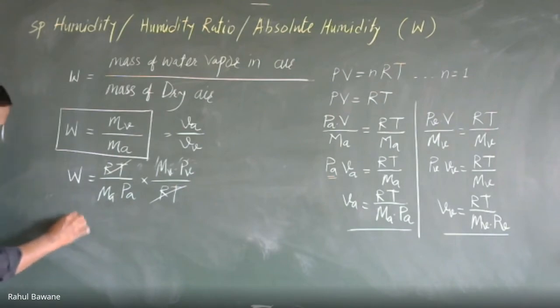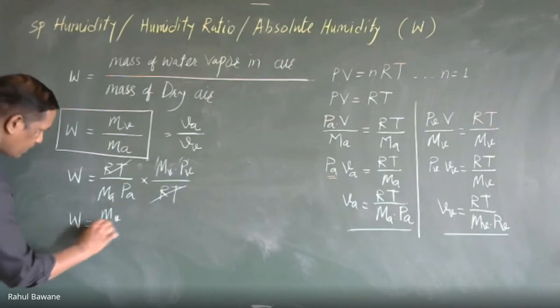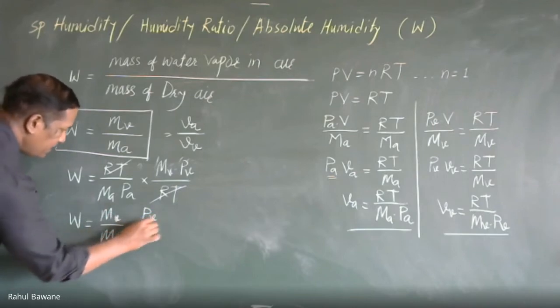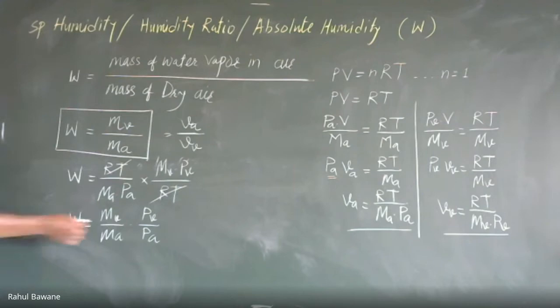So specific humidity is Mv upon Ma multiplied by Pv upon Pa. Now the question is, what are the molecular mass of vapor and the molecular mass of air?